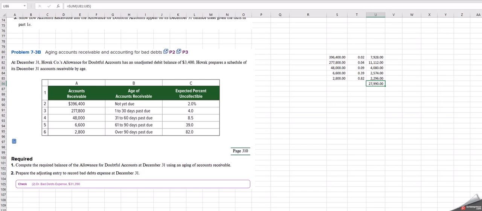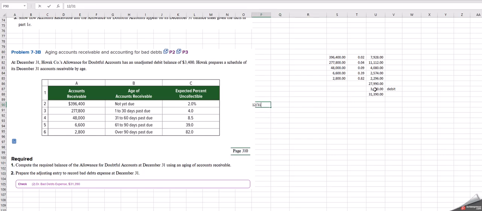Now, as we look at it, it tells us that our allowance for doubtful accounts has an unadjusted debit balance of 3,400. So if it's a debit balance, we're going to have to add those. So then what we want it to be plus that debit balance, again, remember that is more like an error that we would have had at the end of last year that we didn't quite accrue enough.